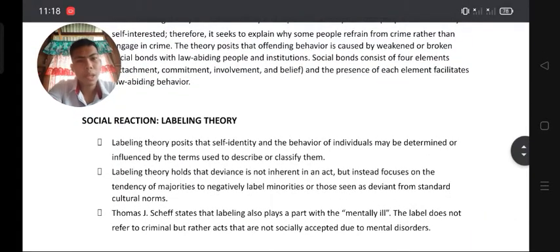The next is social reaction, labeling theory. Labeling theory posits that self-identity and the behavior of individuals may be determined or influenced by the terms used to describe or classify them. Labeling theory holds that deviance is not inherent in an act, but instead focuses on the tendency of majorities to negatively label minorities or those seen as deviant from standard cultural norms.